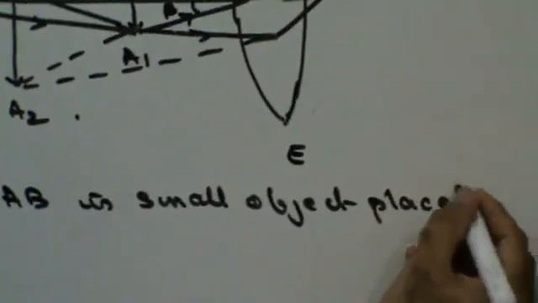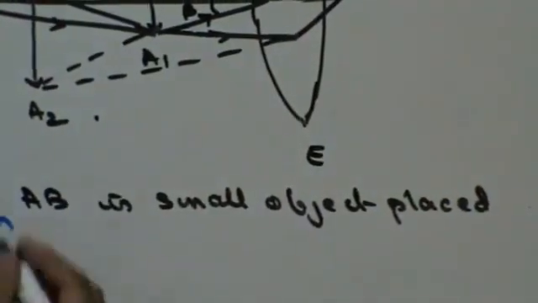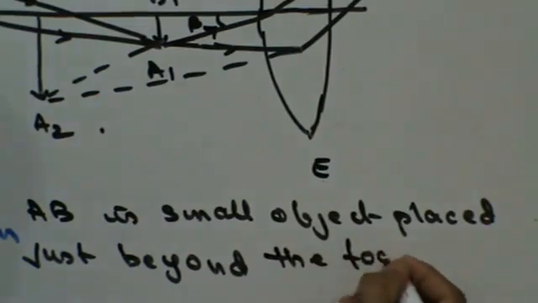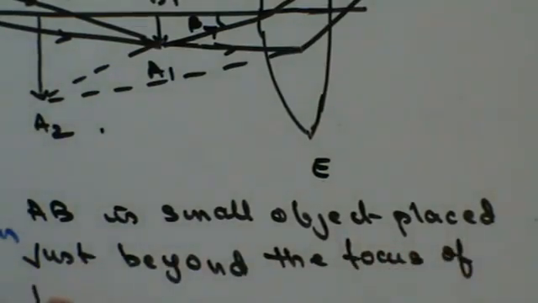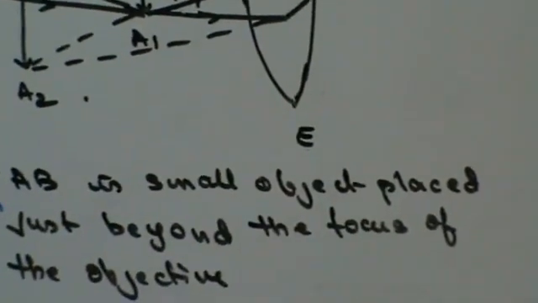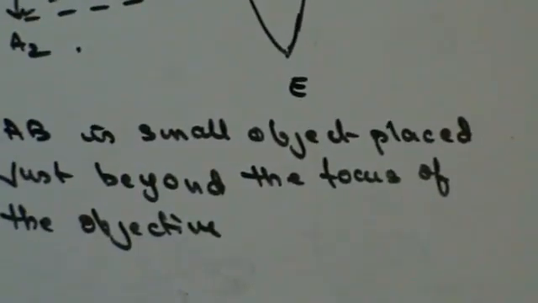AB is a small object placed just beyond the focus of the objective. So that's my object AB. I'm giving you the explanation of the diagram, guys.